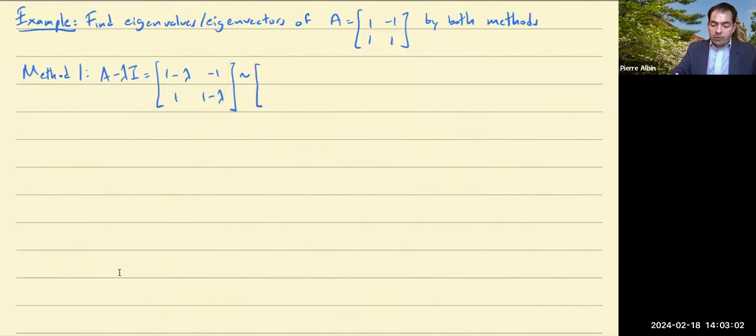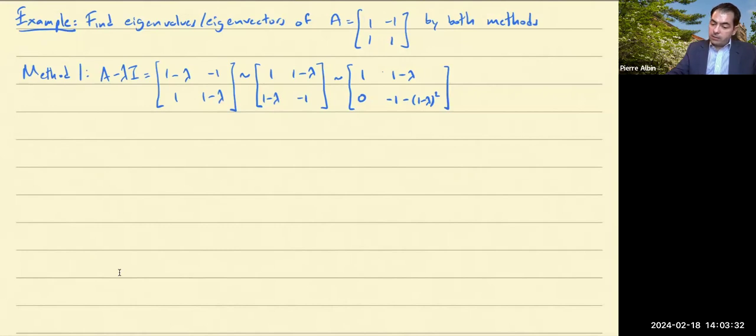So we're just going to do row operations. I'm going to start by changing the order of the rows. Then I'm going to multiply the first row by lambda minus 1 and add it to the second row. So nothing happens to the first row. Second row becomes a 0, and then minus 1 minus (1 minus lambda) squared. Right?